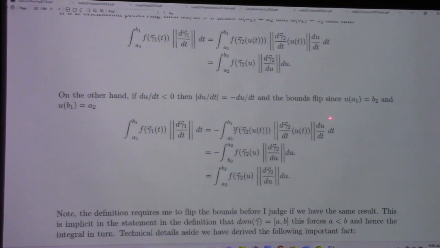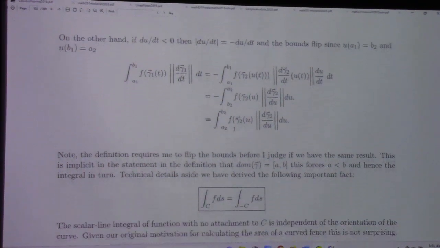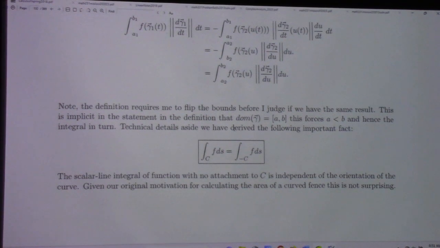But the good news is if it's orientation reversing, it flips the bounds, because a1 goes to b2 and b1 goes to a2. So then I get a minus from this, but I also flip the bounds. To flip them back, I get back to there. So yay, the scalar integral with respect to arc length is orientation independent. It doesn't care about orientation.